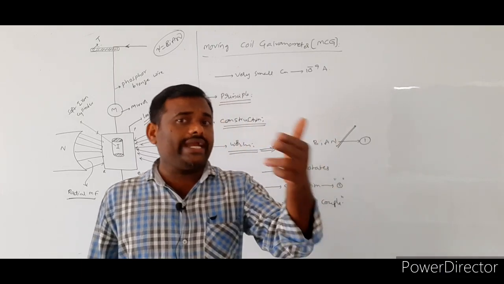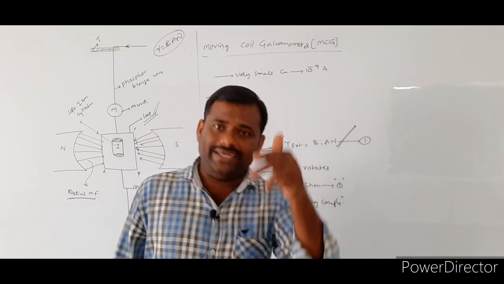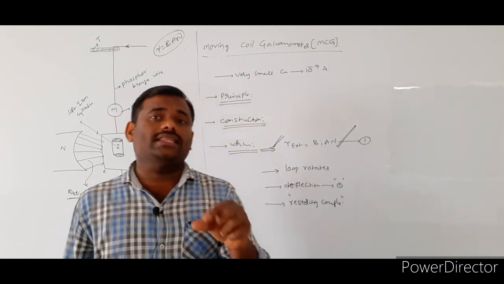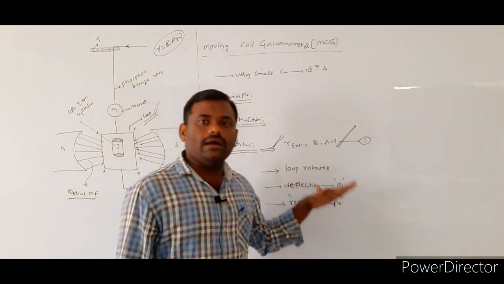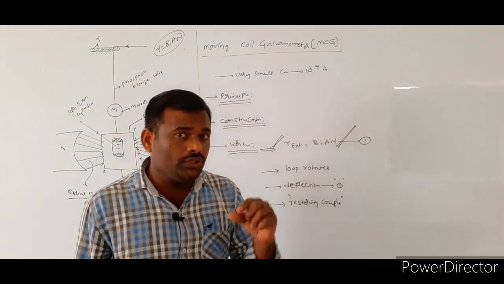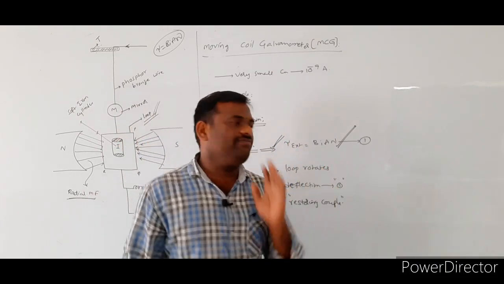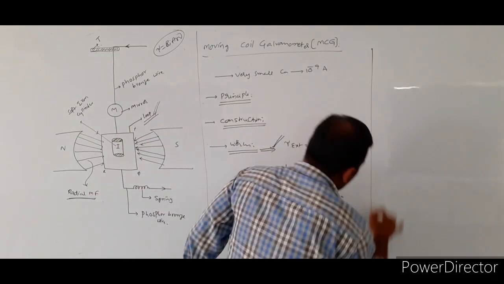It is in rotatory motion, which means some torque is acting on the coil by itself. That torque is nothing but the restoring couple. The restoring couple is produced in the absence of the external magnetic field.